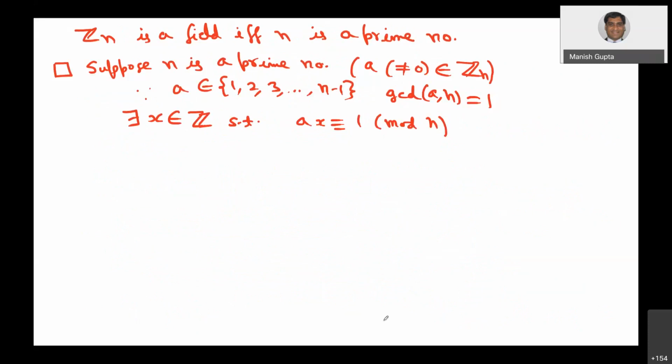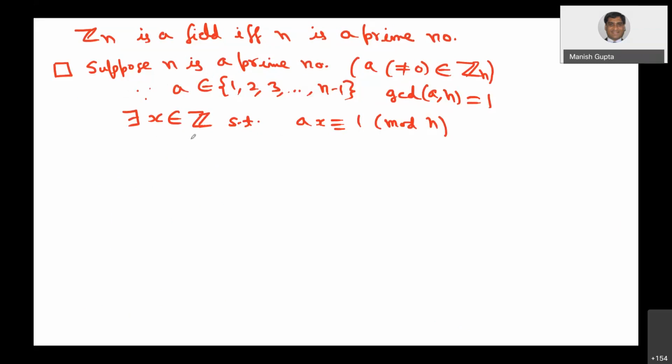So here, in this, that Zn is a field if and only if n is a prime number, I have assumed that suppose n is a prime number, then I have taken a to be an arbitrary element in Zn. Then I can show that there exists an x such that ax is congruent to 1.